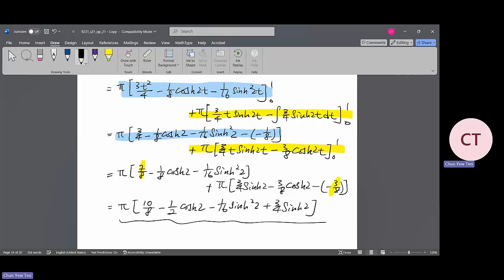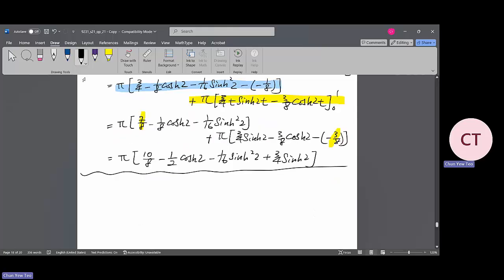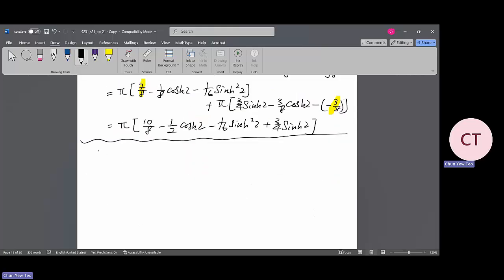This is the answer. But however, the answer that I have and the answer that the mark scheme has are different. If you check the mark scheme, the answer is 3/4 sine 2 minus the 3/8 cos 2, then minus a 1/16 (1 plus cos 2) square plus 11/8.